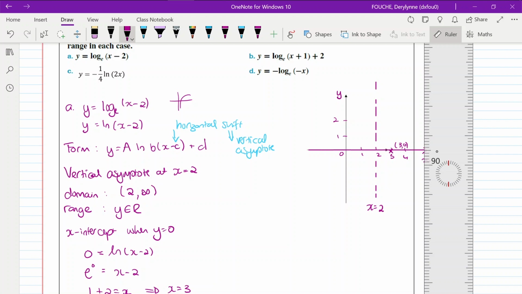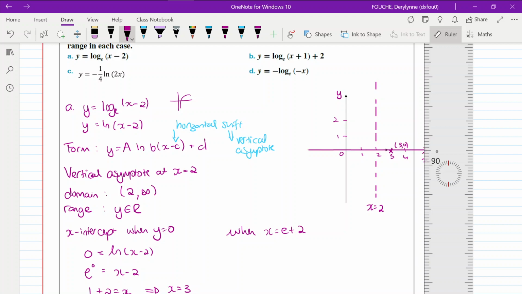So if I have a look here, this is log of x take 2. Okay? So if I chose a value of, let's say e plus 2 for x. Let's have a look at that. When x equals e plus 2. Now I know that e is around about 2.7, so e plus 2 will be 4.7-ish.